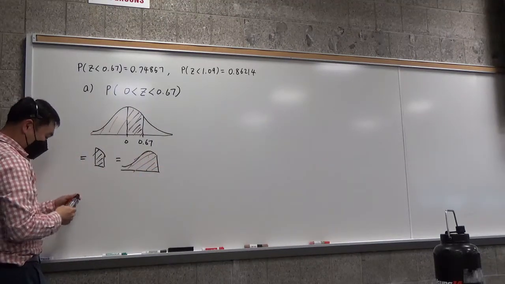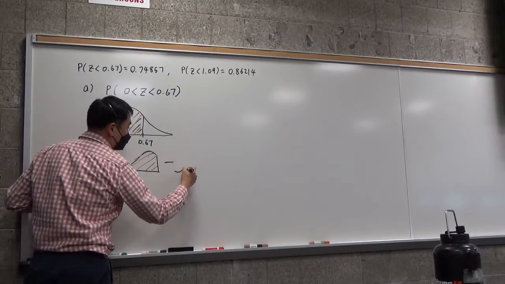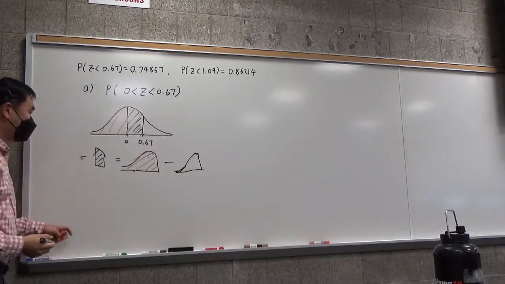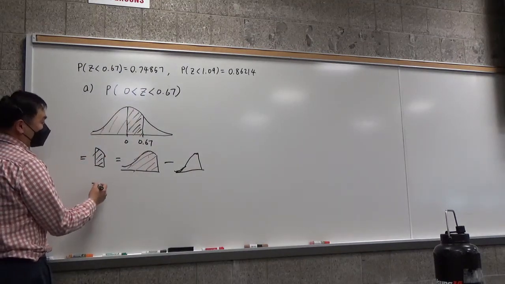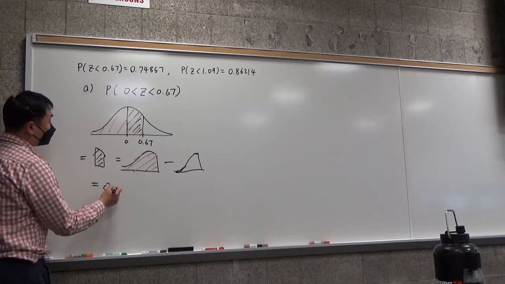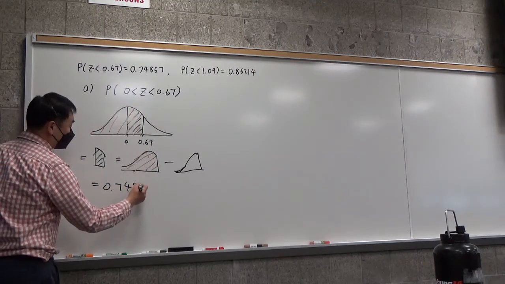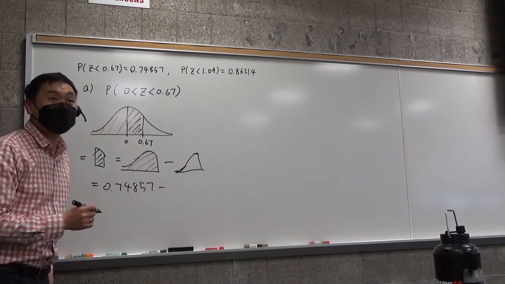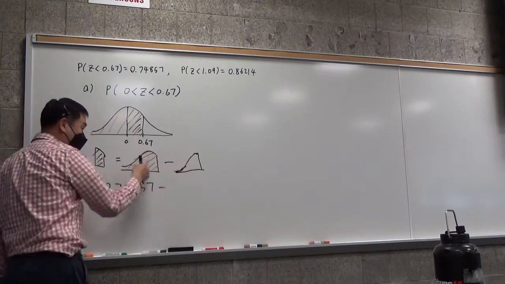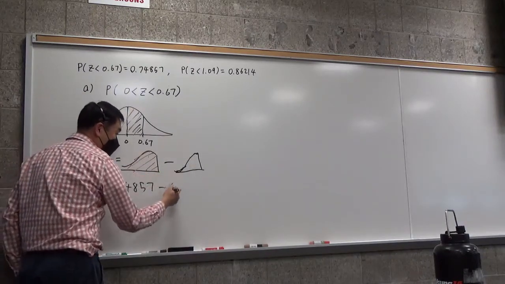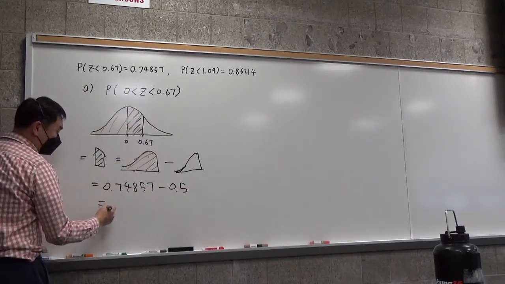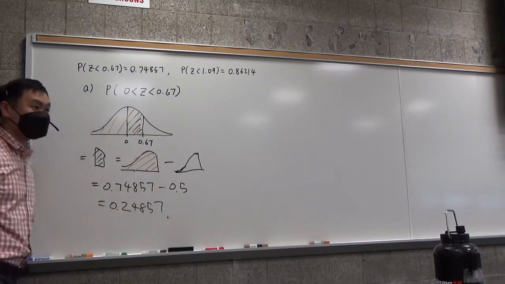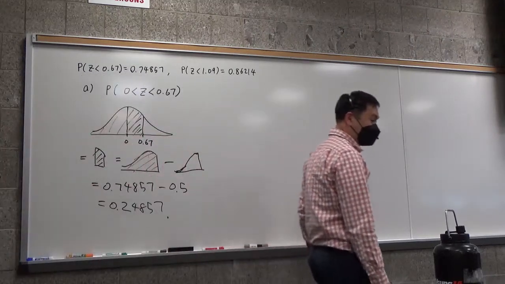And then subtracting this half, right? And therefore, the area would be what? 0.74857 minus what? 0.5, right? Yeah. Because this area is 0.5. This much is this. This area is 0.5. And therefore, the answer would be 0.24857.